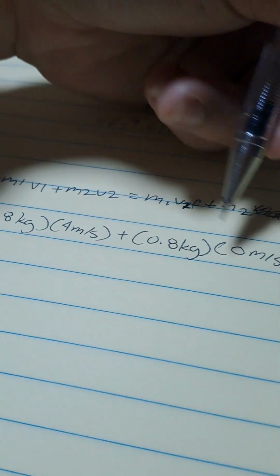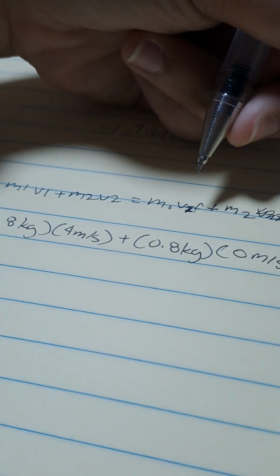And then the other side, it's the same thing, 0.8, but M1 is used, sorry, just replace it. And again, we're still finding final velocity. It's long. So immediately, we're just gonna do it.